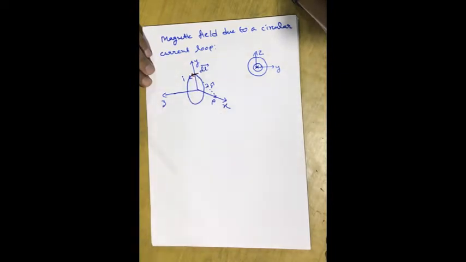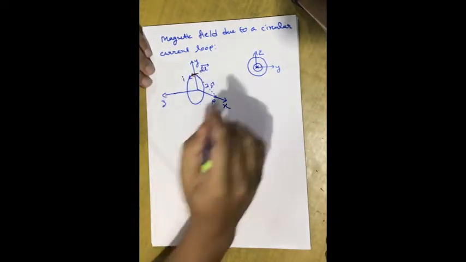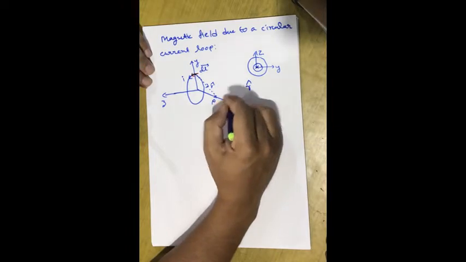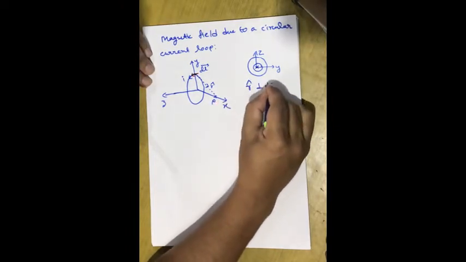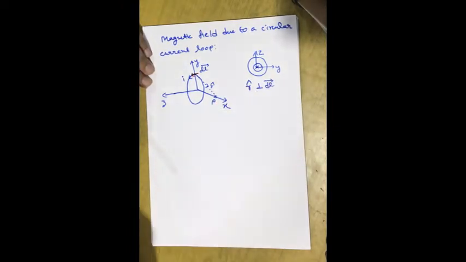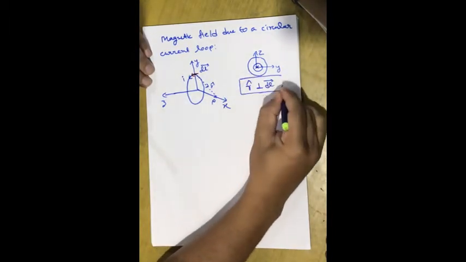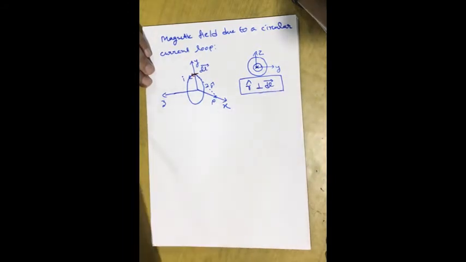That thing you have to know. It's not obvious from the figure, but you always have to keep in mind that the r cap position vector of the point P, where we are about to determine the magnetic field, is perpendicular to the length vector dl. This you have to remember always: r cap is perpendicular to the dl vector.